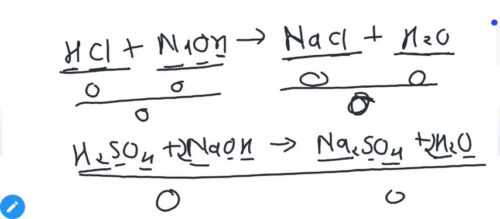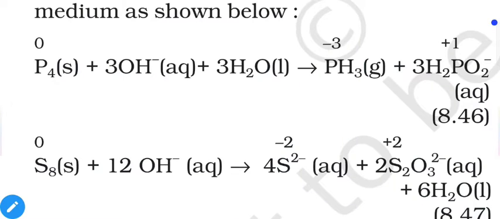But this is an easy example, and we can easily guess the stoichiometric coefficients of the respective products or reactants. But if the reaction is complex, as for example in the disproportionation reaction of phosphorus that we discussed, where we have P4 and it produces PH3 and H2PO2 minus.